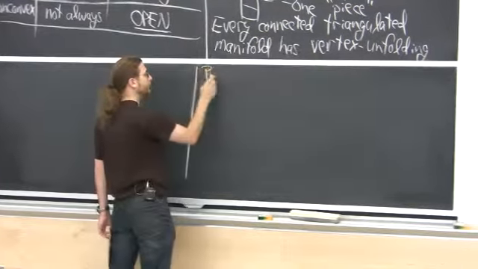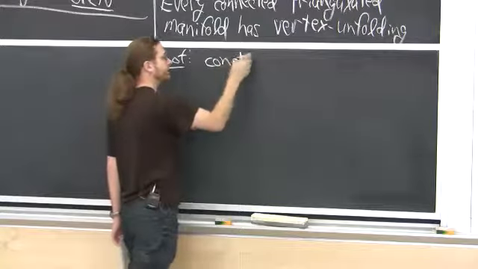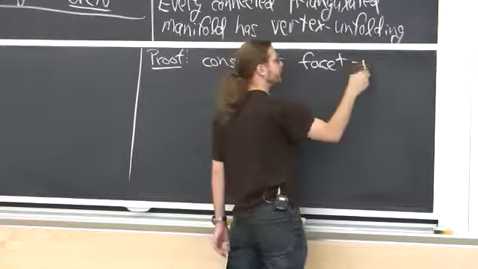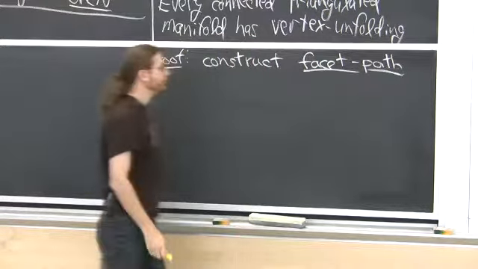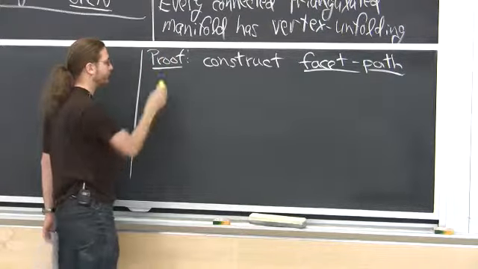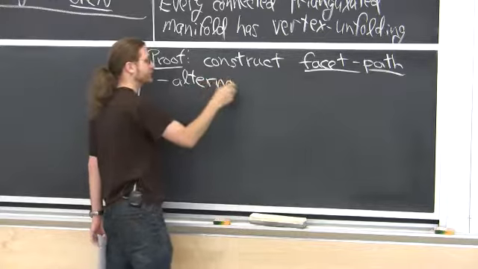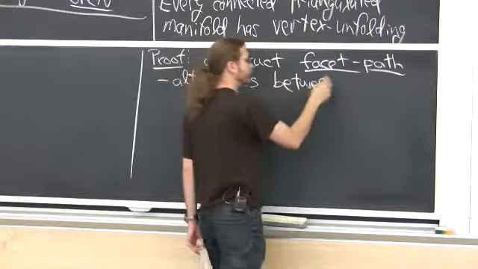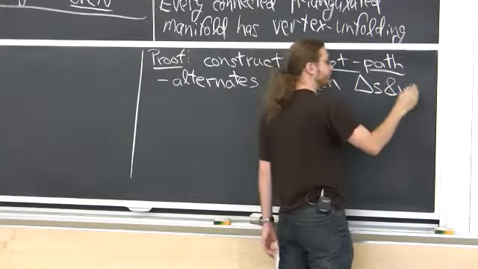So the way we prove this is to construct what we call a facet path. This is a path that alternates between visiting faces, triangles, and vertices.